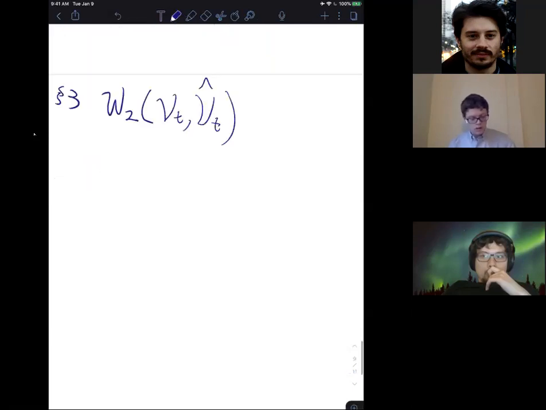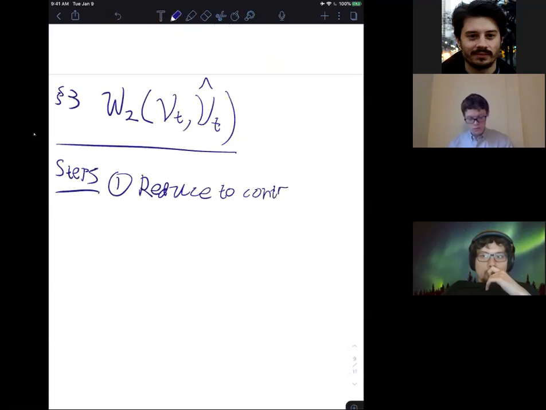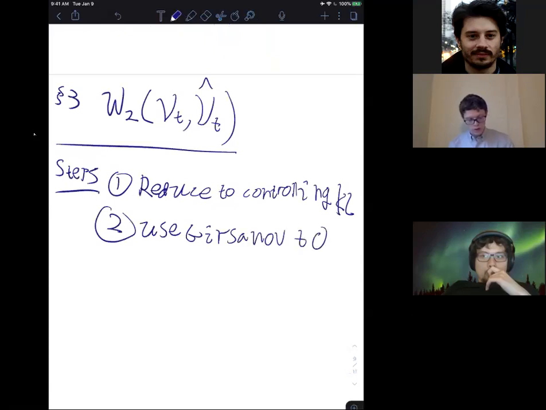So, the broad outline of the steps. One, we'll reduce to controlling KL. Two, we'll use Girsanov to bound KL.